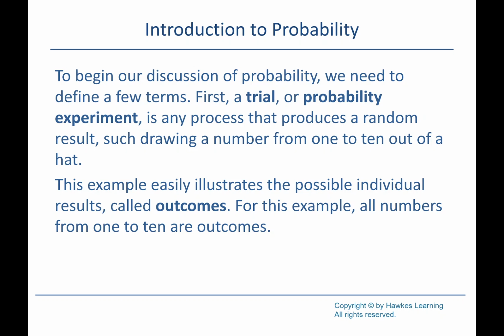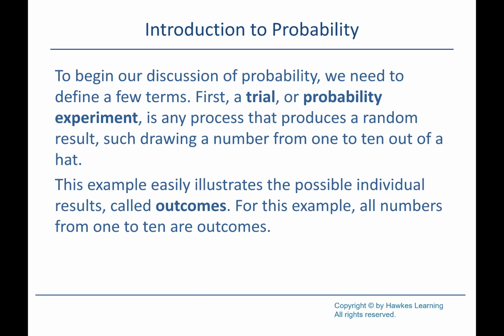But if you hear the term trial or probability experiment, our meaning then is we've got some procedure we're going through, and we don't know what the result's going to be until we do some type of probability experiment. So that's some type of experiment where we can figure out the probabilities of what will happen, but we don't know actually what the outcome is going to be until we do the experiment.